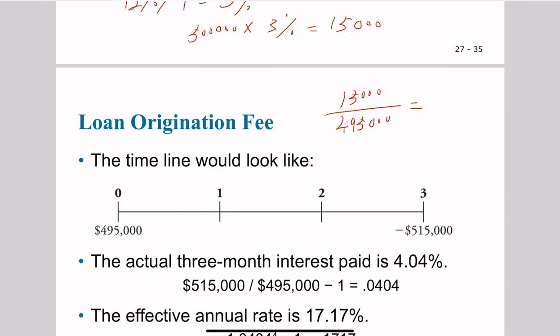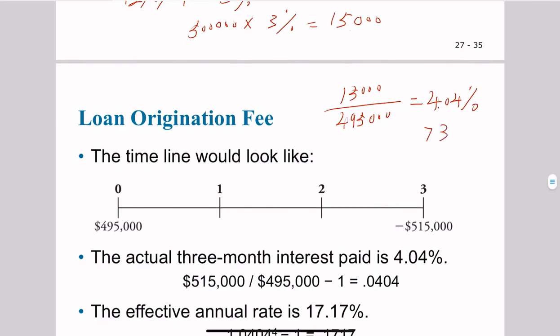And this will give us an interest rate of 4.04%, right? And you can see that this is higher than the 3% interest rate. The reason, again, is because of the loan origination fee, which reduces this notional amount to this actual smaller amount, right?